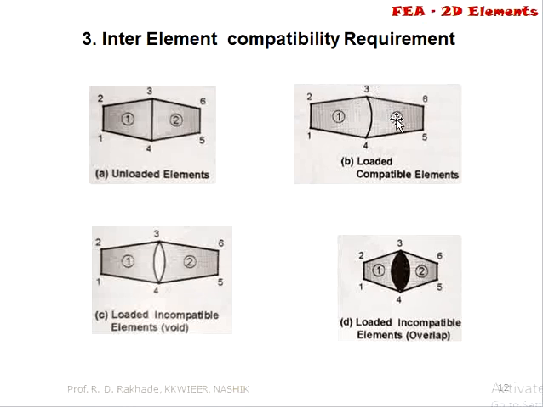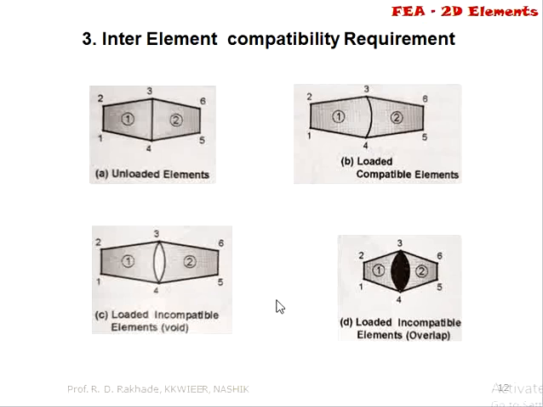So for element 2 also, the common edge 3 and 4 must shift towards the right side direction, because there are two possibilities: maybe the common edge 3, 4 shifted towards left for element 1 or towards right for element 2, or maybe vice versa.